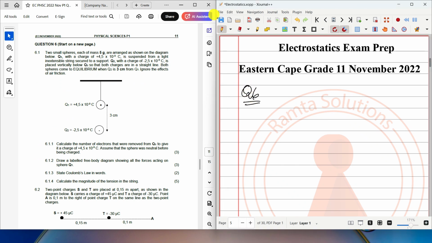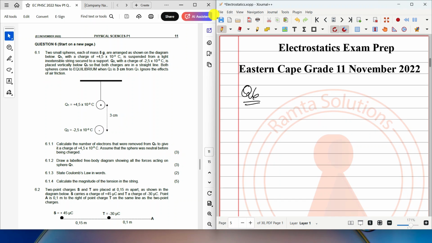So let's go. It says, 6.1, two small spheres, each of mass 5 grams, are arranged as in the diagram below. Q1 with a charge of positive 4.5 times 10 to the negative 9 coulombs is suspended from a light inextensible string secured to a support.